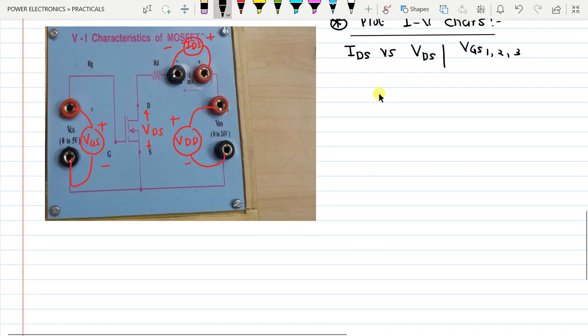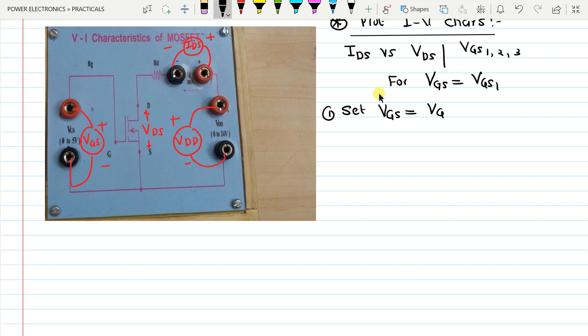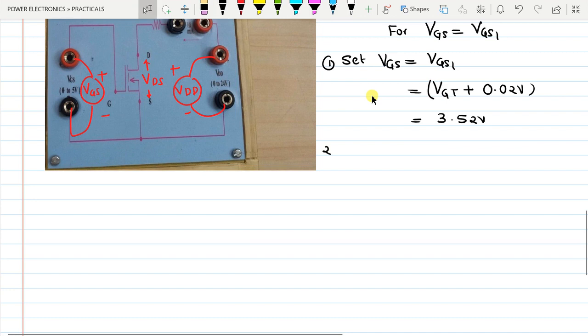Step number 1, for VGS equal to VGS1: set VGS equal to VGS1, which is equal to gate threshold voltage plus 0.02 volts, which in our case will be 3.52 volts. Second, set VDD equal to 0 volts.